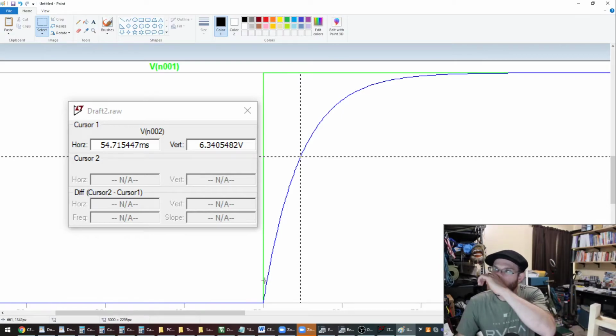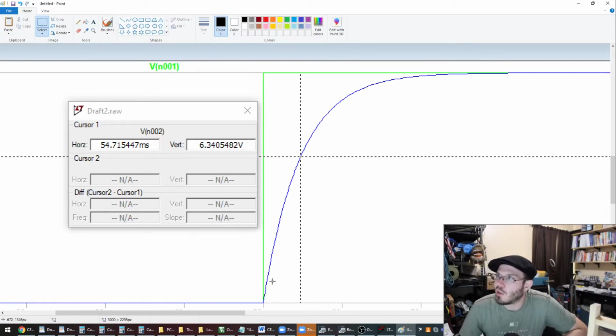Okay, so you can see we've zoomed in on the rising voltage as our cap is charging at 54.7 milliseconds. Remember, this is the first time constant. We are at 6.34 volts.